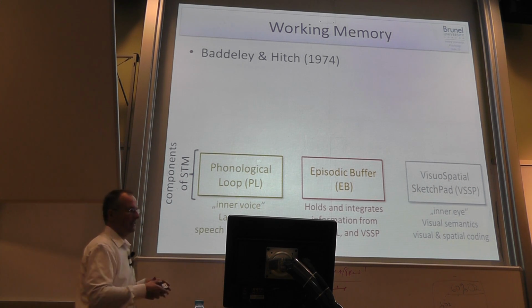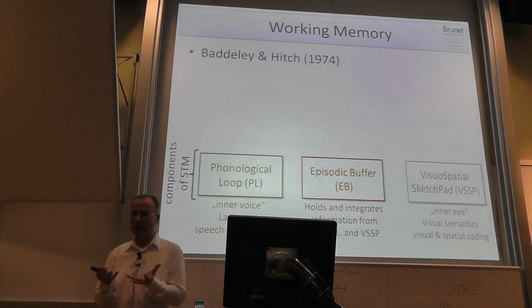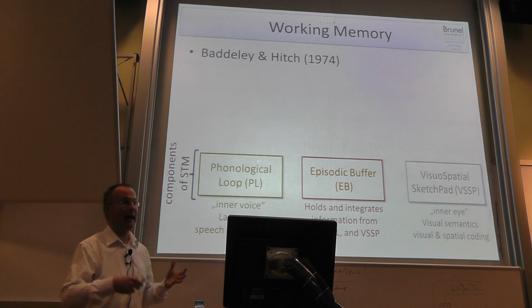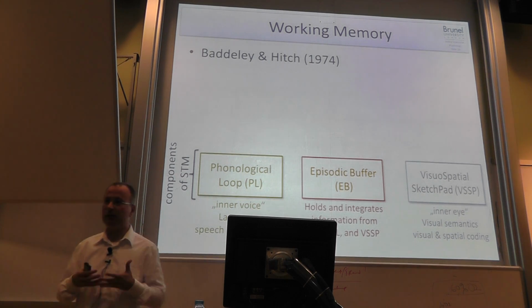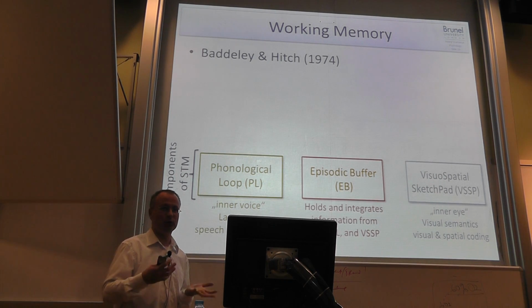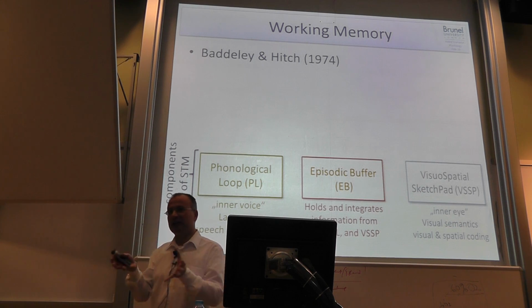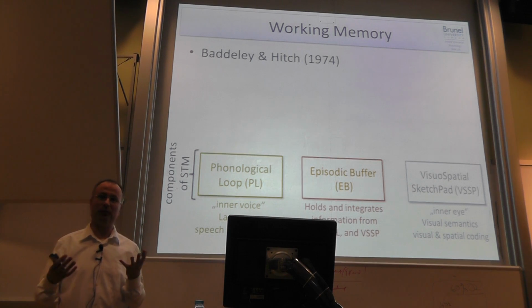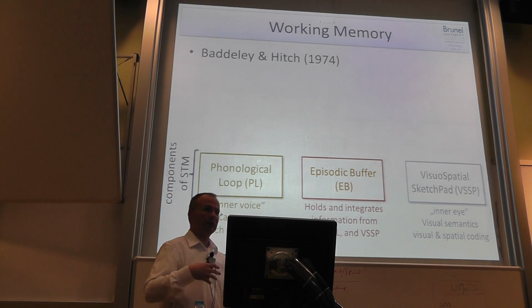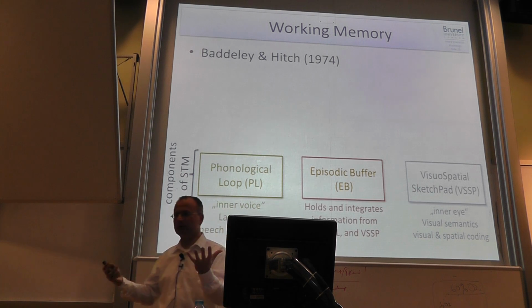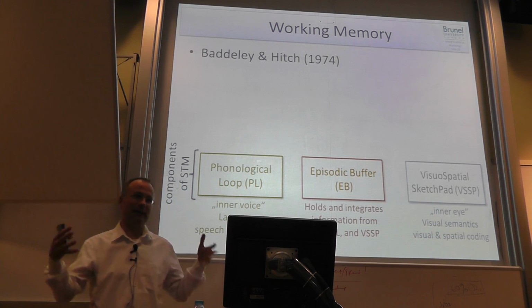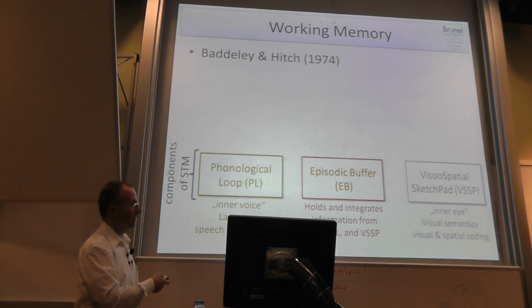It is kind of an integration hub of information, where information from the phonological loop, the visuospatial sketchpad, and the long-term memory can be integrated and, for instance, used to generate a holistic experience of something. So when we see or retrieve the memory of a person, we get the sound of his voice, the visual appearance, and some long-term memory traces of that. This can all be bound together in the episodic buffer.